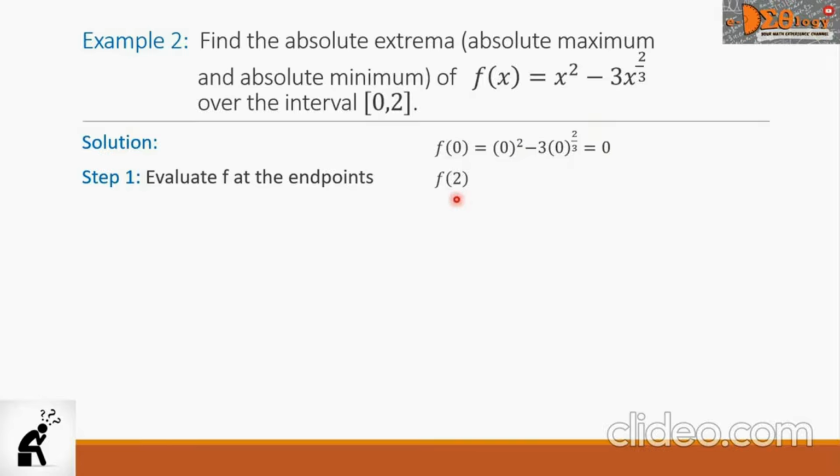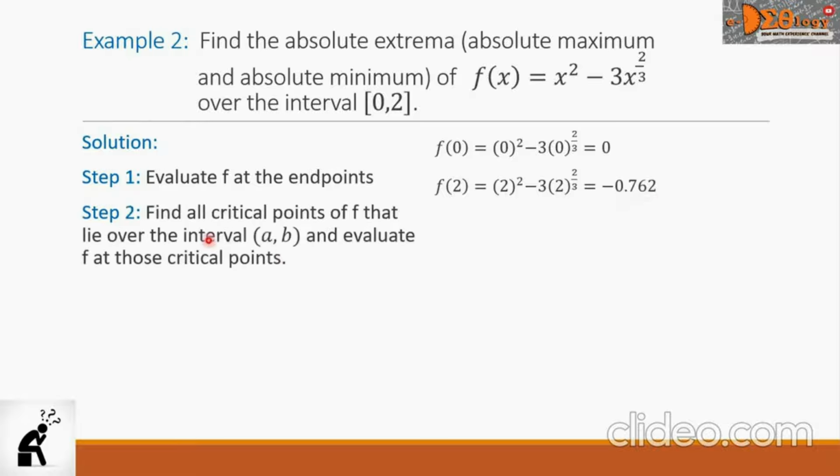Next is f of 2. This is equal to 2 squared minus 3 times 2 raised to 2 over 3. Using the calculator, the answer here is negative 0.762. Step 2.